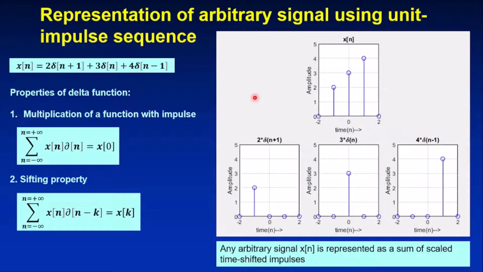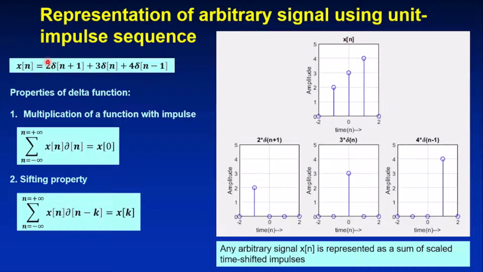So that means I can represent x of n, the 3 non-zero samples, with the help of 3 different impulses. And this is basically a sum of scaled time shifted impulses. It is scaled because amplitude scaling is there, and the scaling factor is nothing but the amplitude of the corresponding samples of x of n.